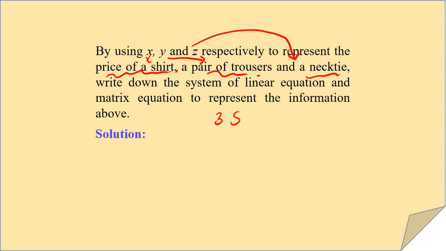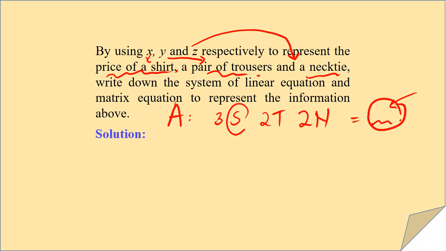We don't know the price of each shirt, but we already know the total price of package A. To find out the prices, we can represent the price of the shirt as X, the price of the trousers as Y, and the price of the necktie as Z. So 3 times the price of the shirt, plus 2 times the price of the trousers, plus 2 times the price of a necktie will equal the total price. So now, what is the system of linear equations?